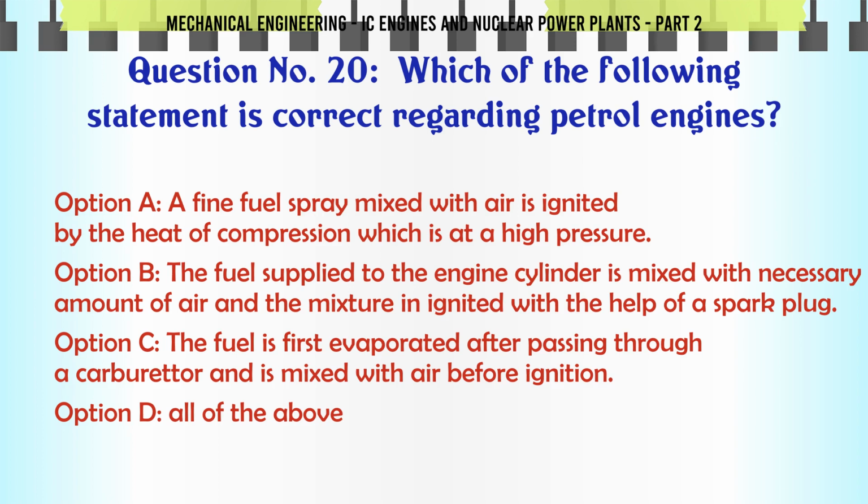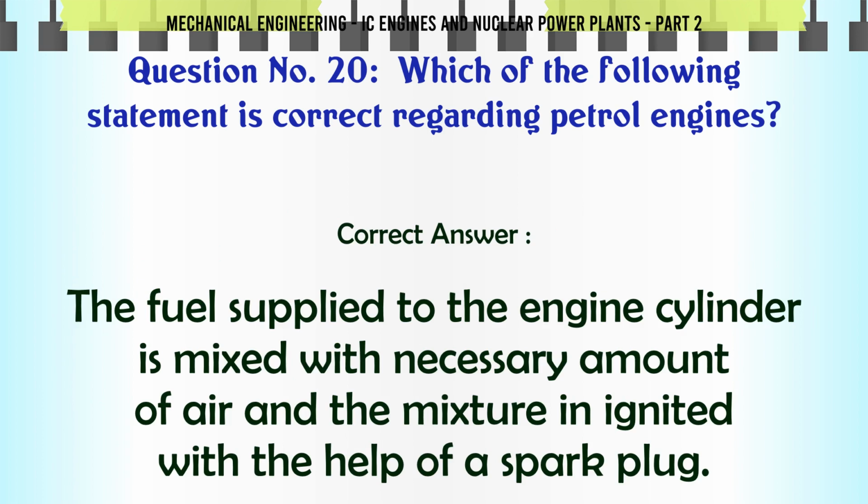C. The fuel is first evaporated after passing through a carburetor and is mixed with air before ignition. D. All of the above. The correct answer is the fuel supplied to the engine cylinder is mixed with necessary amount of air and the mixture is ignited with the help of a spark plug.